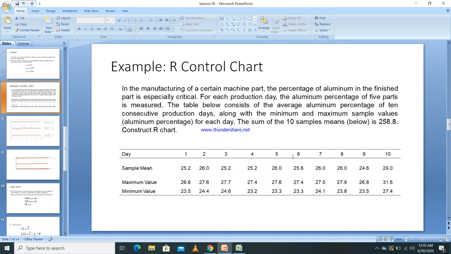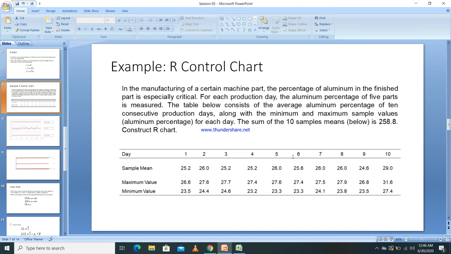So for this particular problem, the sample size should be equal to 5. It's very important because most of you will confuse this, since you have 10 points, and sometimes you may think the sample size is 10. It's not 10. These 10 points are 10 consecutive days. But if you consider one day, you are considering 5 parts, so your sample size is 5.